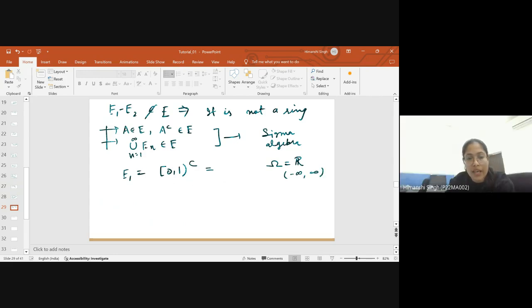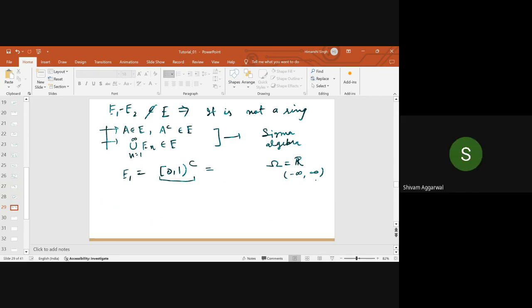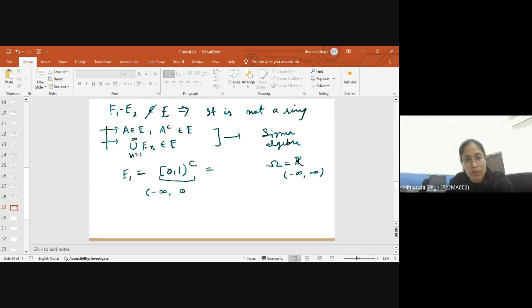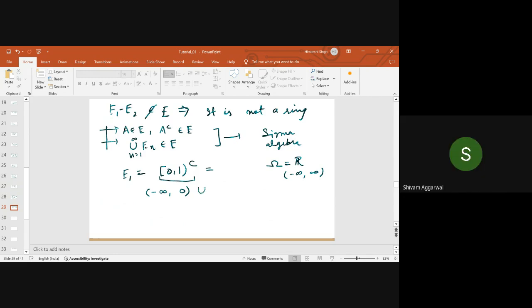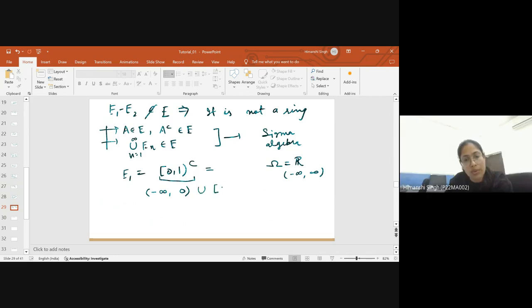So we are deleting these elements from this set. The complement will be minus infinity to 0, union 1 to infinity. So in both, it will be minus infinity to 0, where 0 will be open, and union closed 1 to infinity.